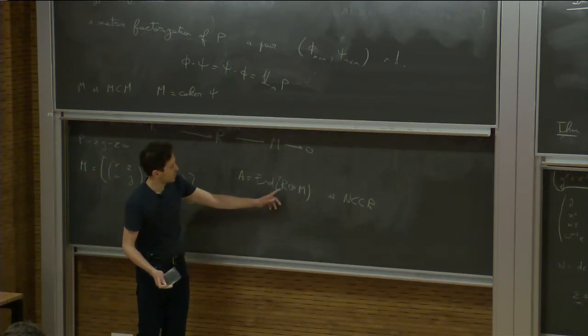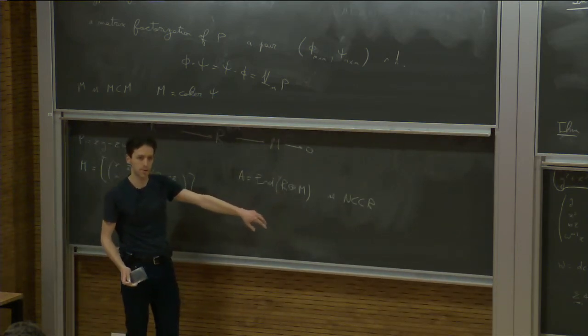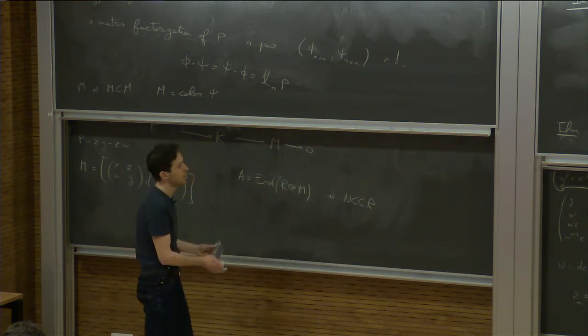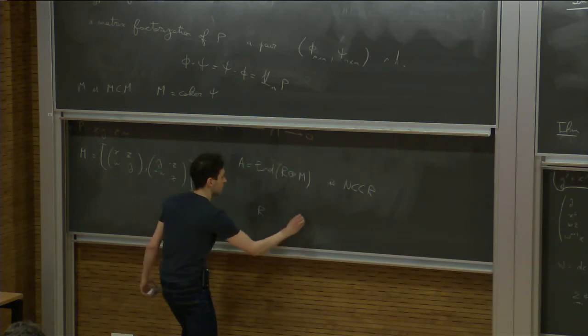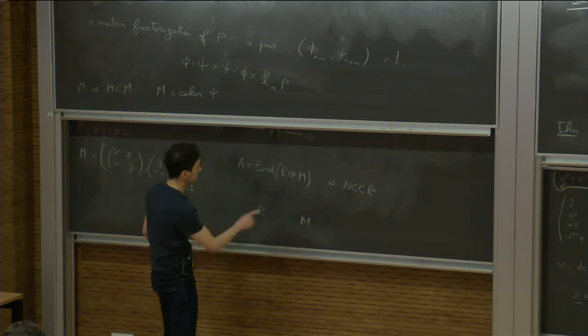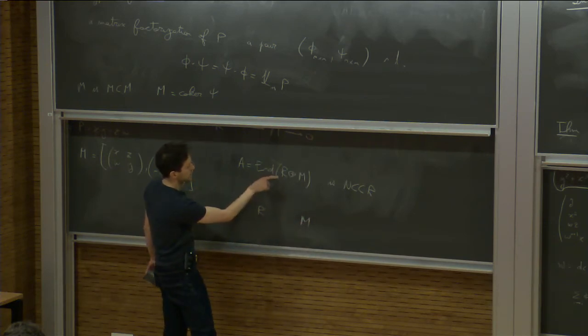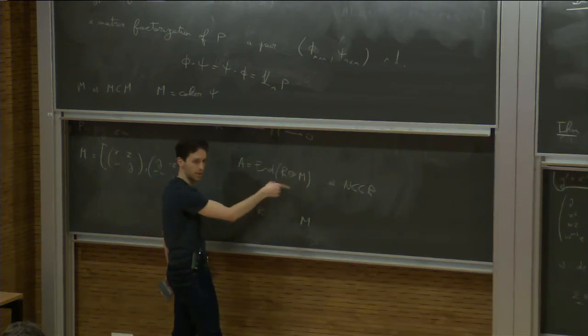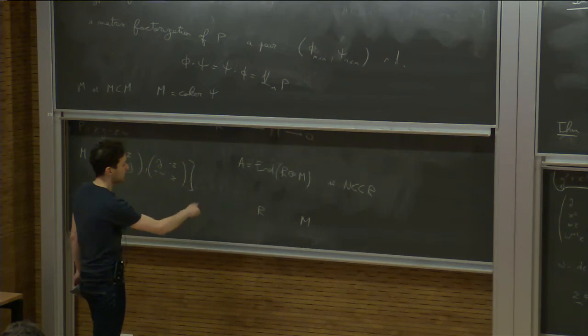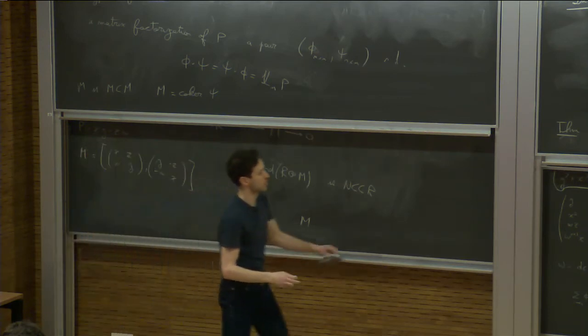So endomorphisms means maps of this to itself. So it can actually be represented as a quiver with arrows, right? So you can decompose this into Homs of R into R, M into M, R into M, M into R, right? So what do arrows mean in this language?